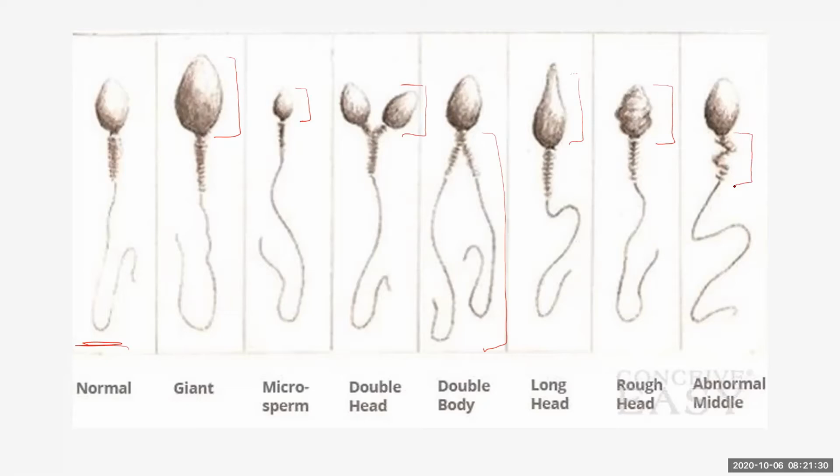So out of millions of sperm cells, it's normal to see this kind of abnormal sperm cells. It's normal, we can see them. Because out of those millions, only one can penetrate the egg cell. Now, what will happen to the sperm cell if they have this shape?